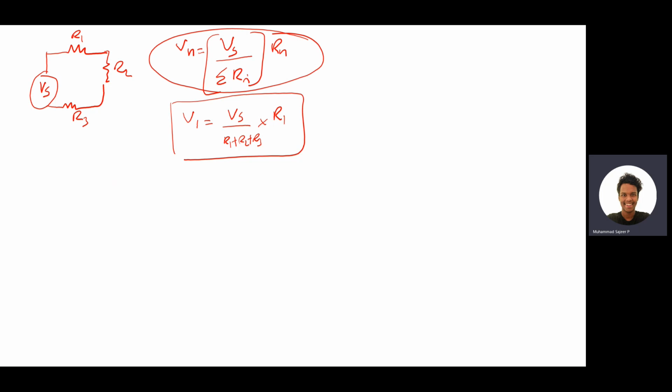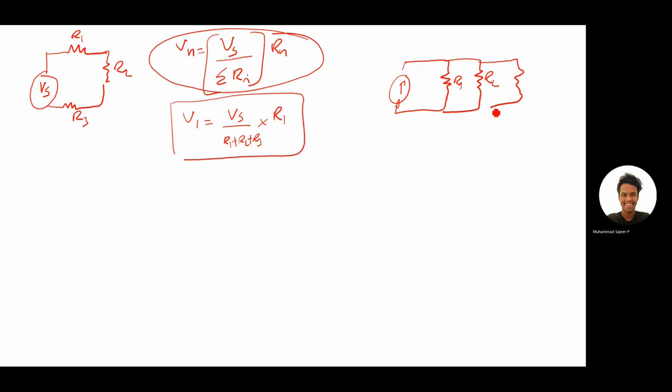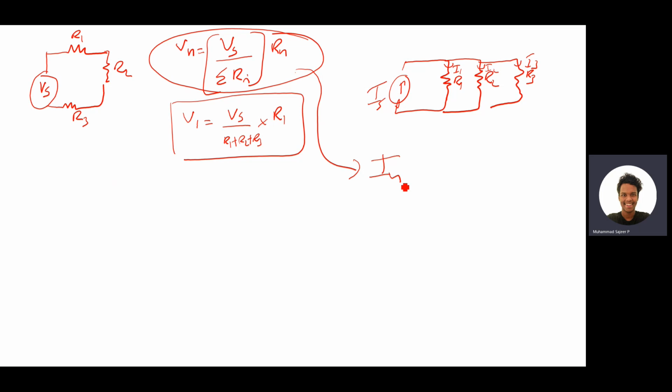And in the case of current, if you have a current circuit like this, with R1, R2, R3, and this is the source current, it will split into I1, I2, and I3. If you want to find any current, the equation is almost similar, but the resistance is inverted.